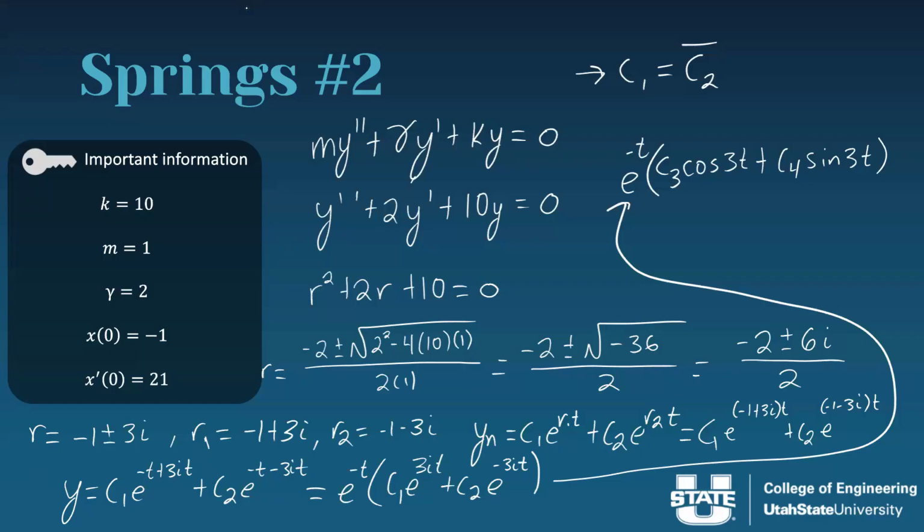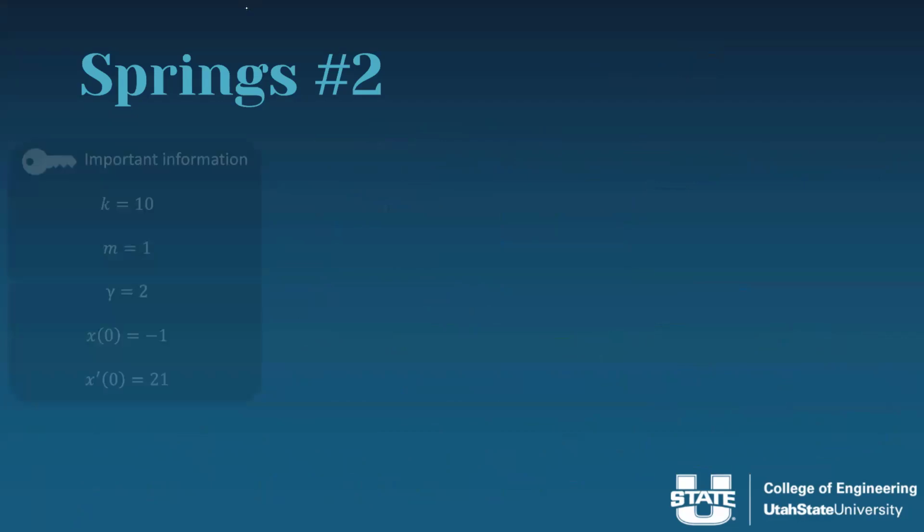And then the complex conjugates of C1 and C2 end up making it all nice and pretty and get rid of any negatives. Any other questions? Okay, so now we have our solution y, but yet again, that is not what we are here for. We are to keep going.